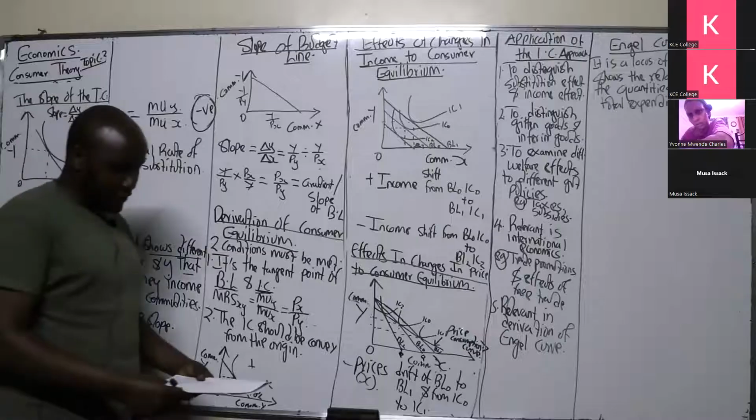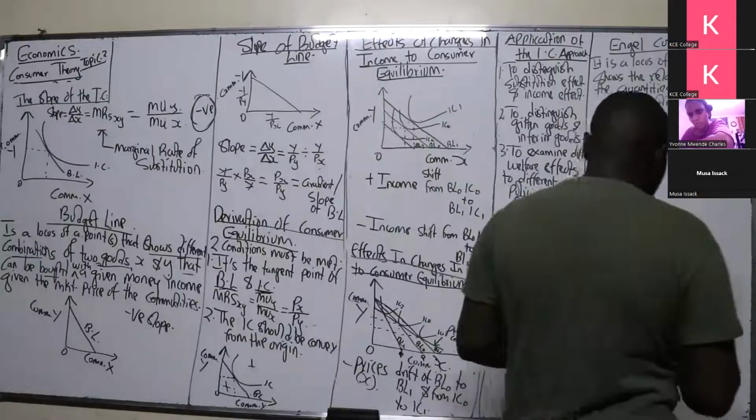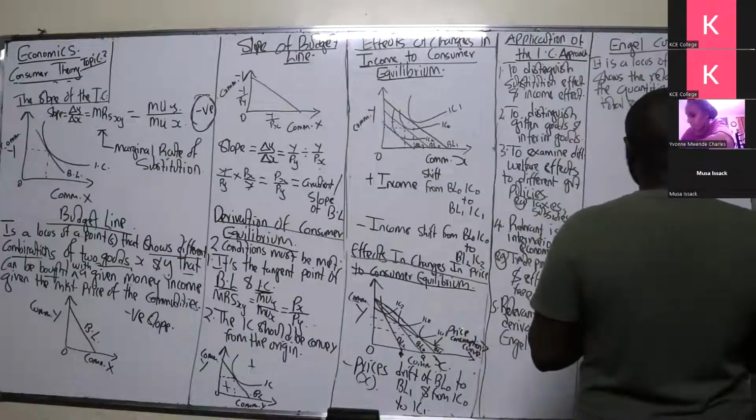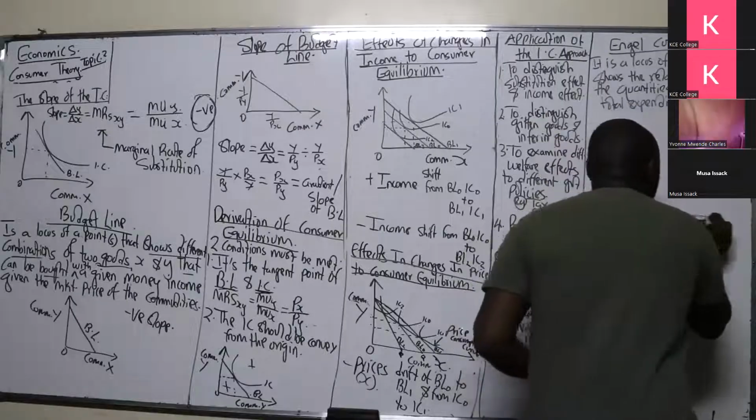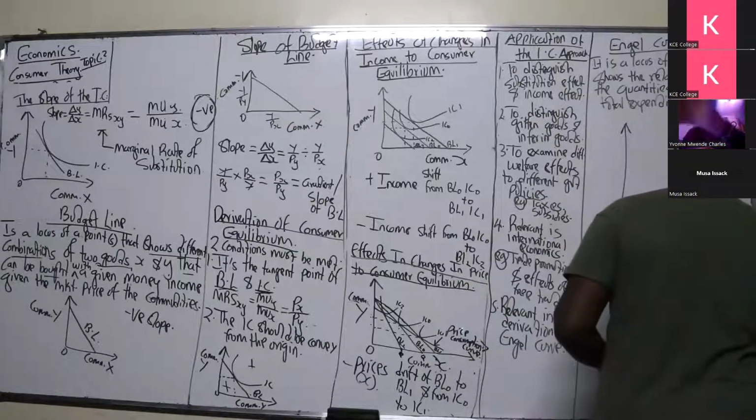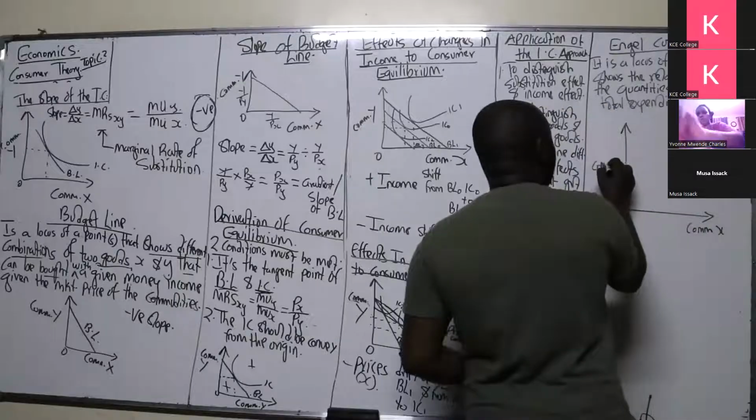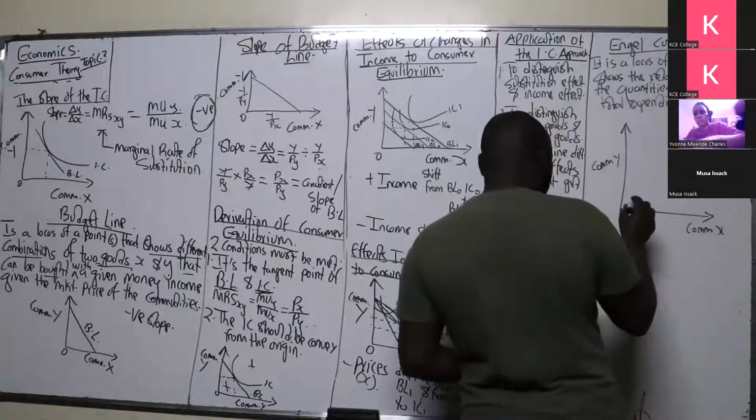Diagrammatically, it can be drawn like this, with commodity X and commodity Y.